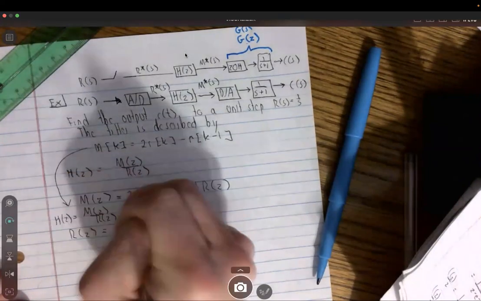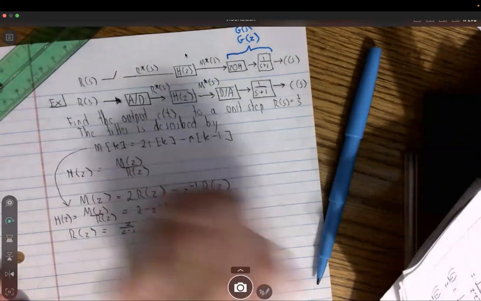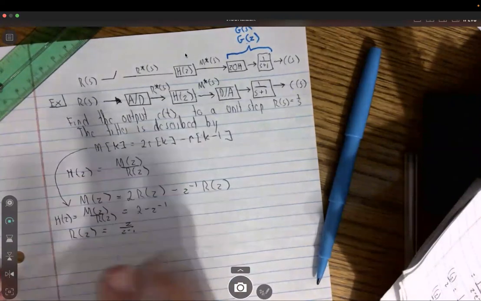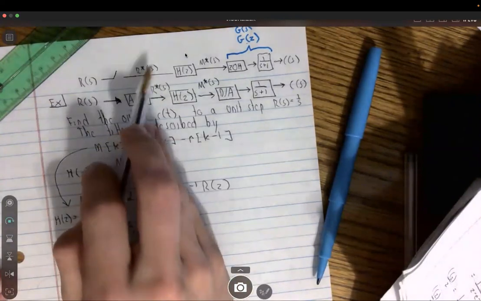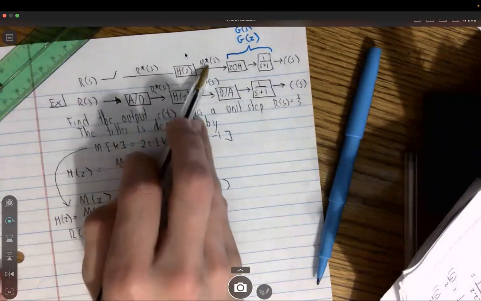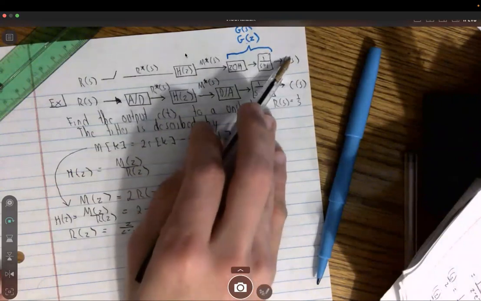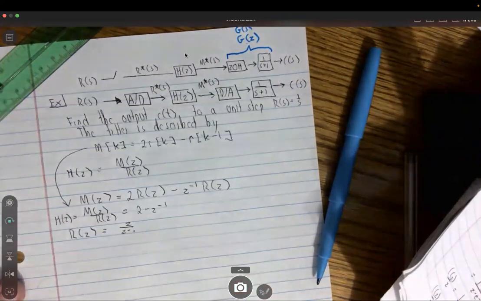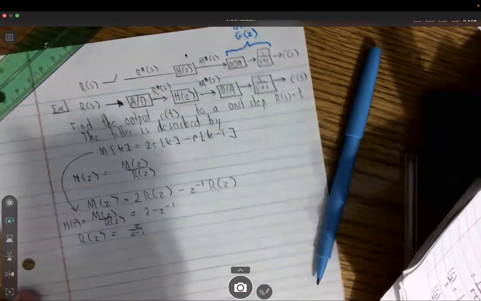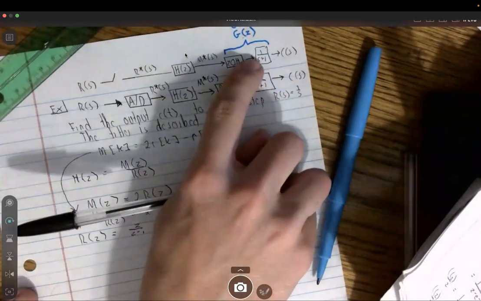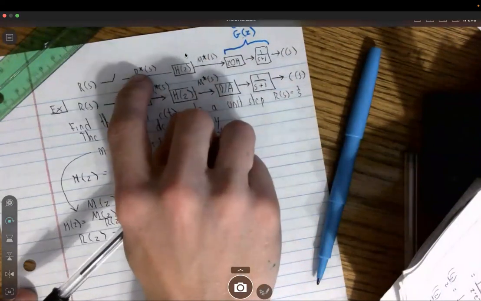We know the input R of Z is equal to Z over Z minus 1, correct? So we know at this point what R of Z is. We know H of Z. This is just a signal, not a system. Then we just need to find G of Z, and that will give us our C of Z, correct? So that's what we need to find, because our C of Z is just going to equal our G of Z multiplied by our H of Z multiplied by R of Z.